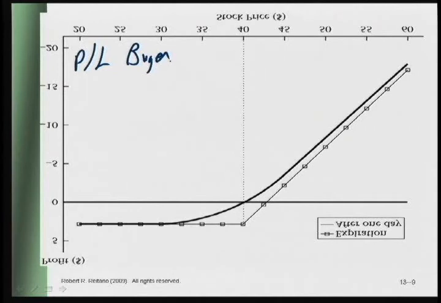The investor initially paid $2.78. So if the investor gets no payoff from this option, there'll simply be a negative $2.78 loss. And here it's a little bit easier to see the point I was making about delta. Delta is the slope of this line.